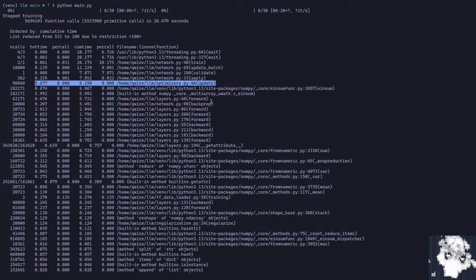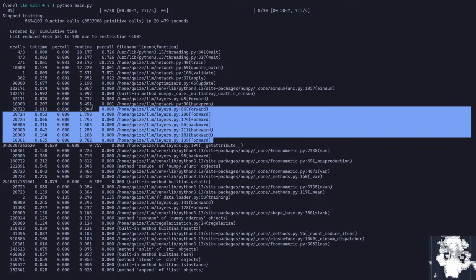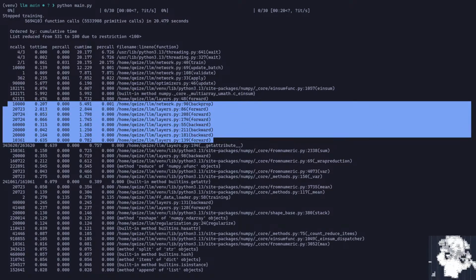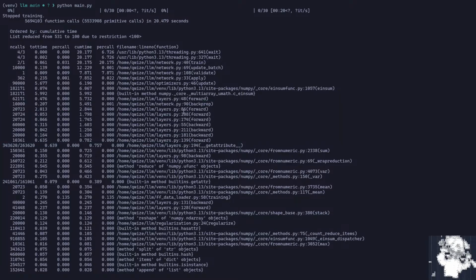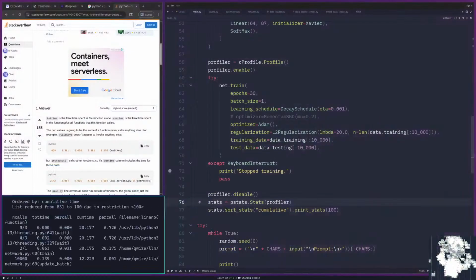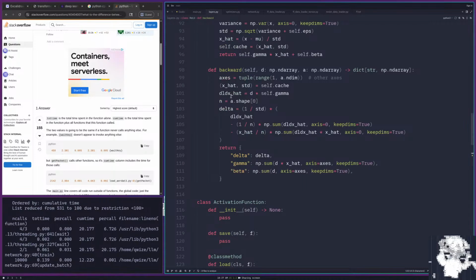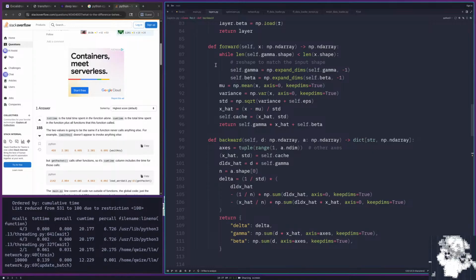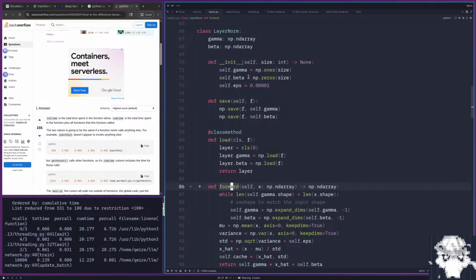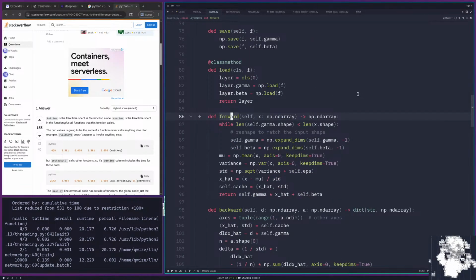Oh, we can see the different forward and backward things. It's pretty well spread out between them. 86 is the slowest one. Line 86, which I'm guessing is linear. No, it's layer norm. This is the slow one. That's interesting.